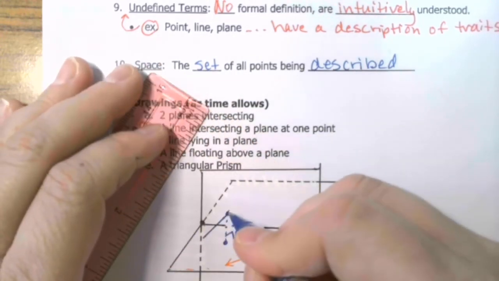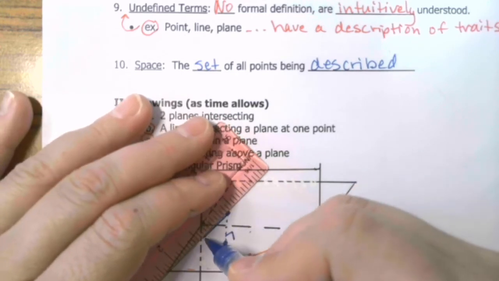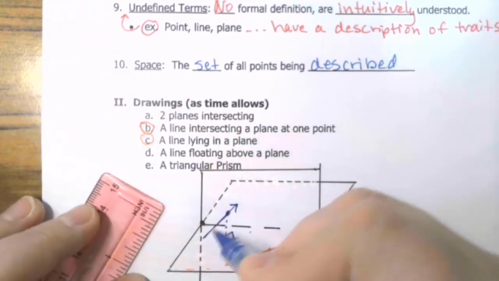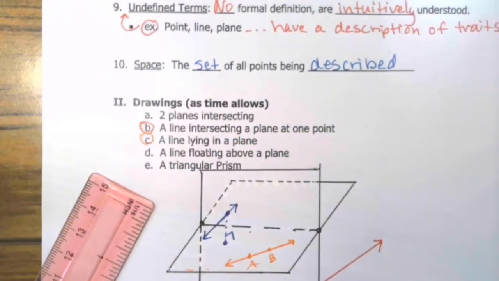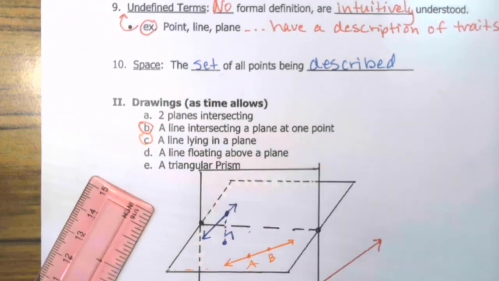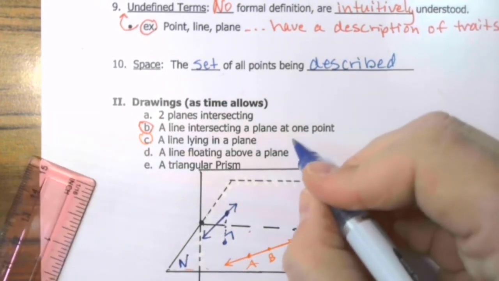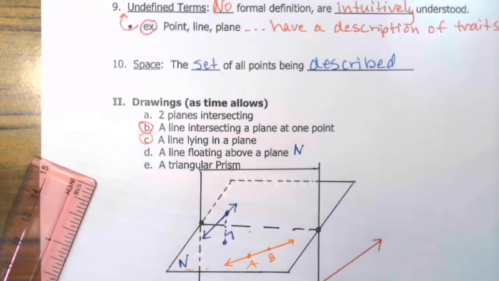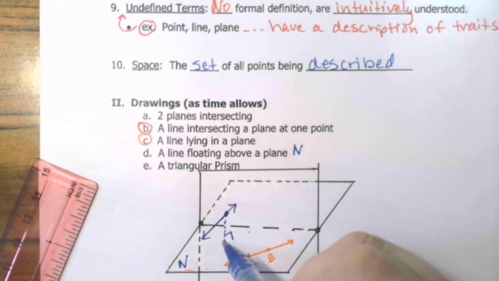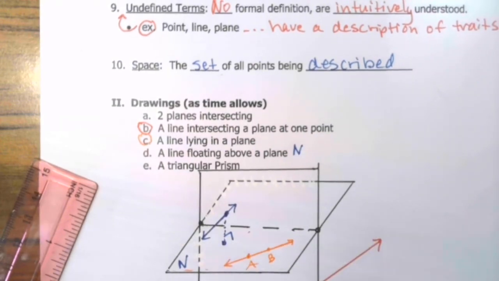And then draw your line. So it's like anchoring it to the plane it's floating above. So if I call this plane N, it's definitely floating above plane N because we've tied it to a perpendicular point.